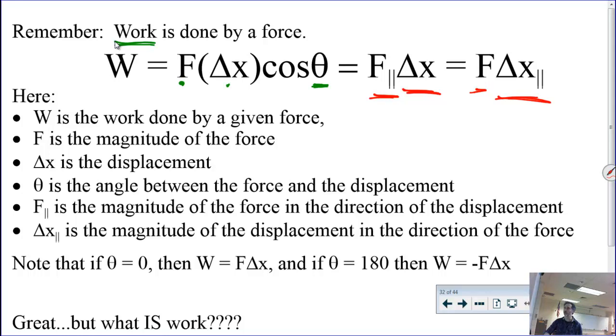You're just going to say how many joules of work are done. The work done by a force is negative if the displacement and force work against each other. That'll result in a negative amount of work. So that's a quick review of what we did a couple sections ago.